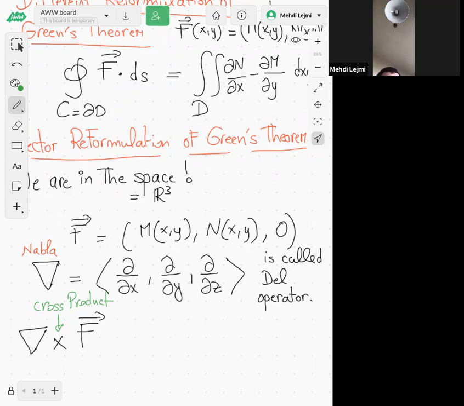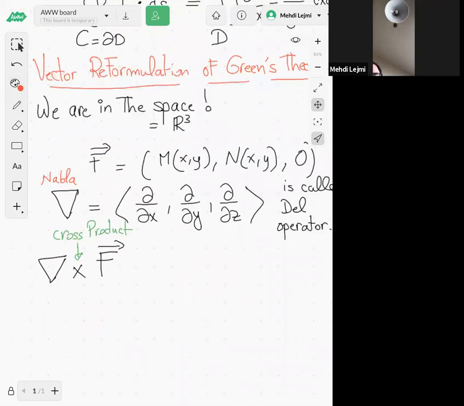And this cross product of nabla with f has a name. It's called the curl of f.